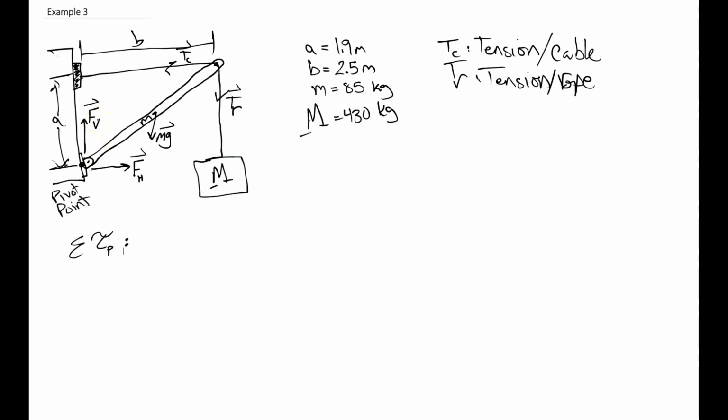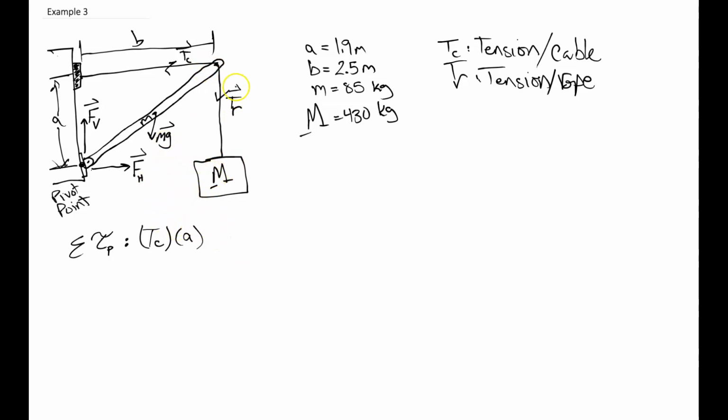So we're going to have T sub C, and the distance from the perpendicular of T sub C to the pivot point is A. So we're going to have T sub C times A. That's going to give us one torque, and it's positive because it's going to give us a counterclockwise rotation.